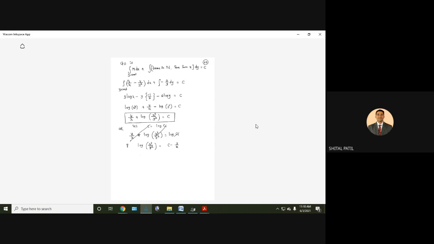I want to cancel the log term, so I will take the anti-log on both sides. Got it? Understood.